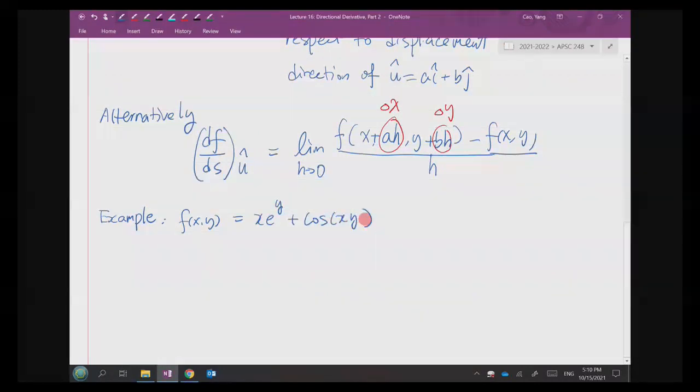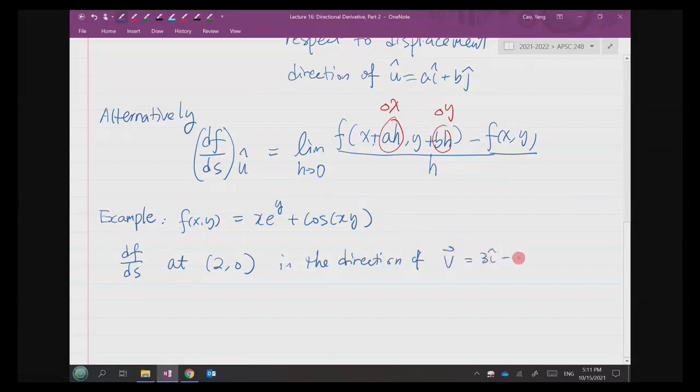This is a function of two variables. I need to calculate the directional derivative at the 2, 0 location in the direction of v equal to 3i hat minus 4j hat.